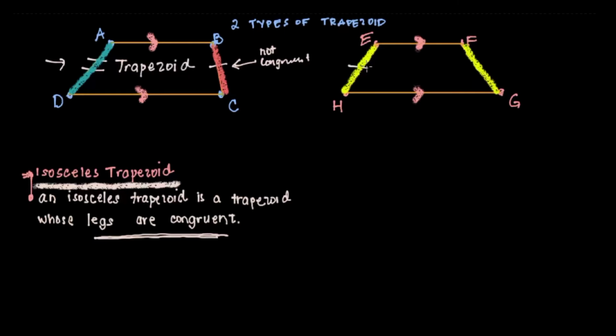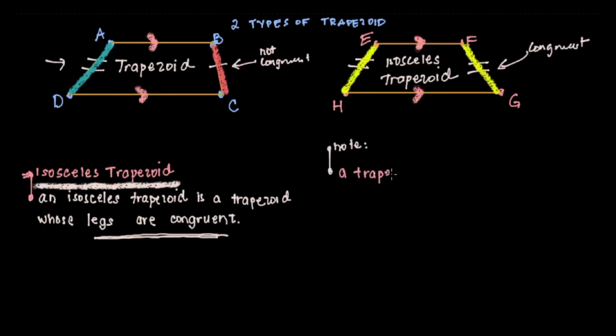They are not congruent to each other, so hindi na to isosceles. That is an ordinary trapezoid. And this one, segment EH, is congruent to segment FG. Right? And this is an isosceles trapezoid. Tandaan nyo yung dalawang legs dapat congruent para maging isosceles trapezoid. Hindi lang yun ang ibibigay ko sa inyong katangian ng isosceles trapezoid. Ano pa yung mga katangian niya? So note, let us note this one.